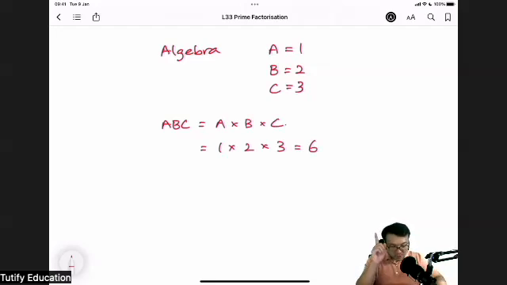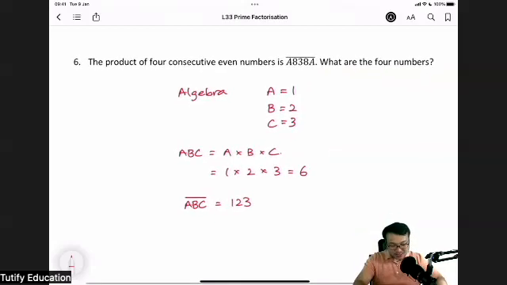What is the difference if I draw a line? If I draw a line, it means that ABC is a 3-digit number. That means just 123. That's all. It simply means do not multiply them together. It is a 3-digit number, 123.